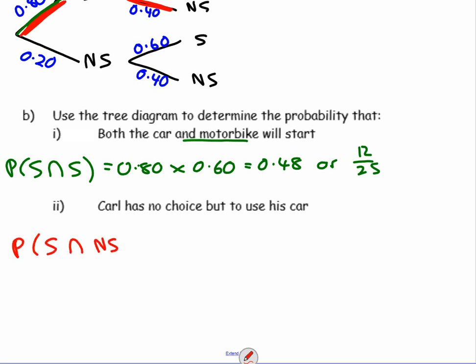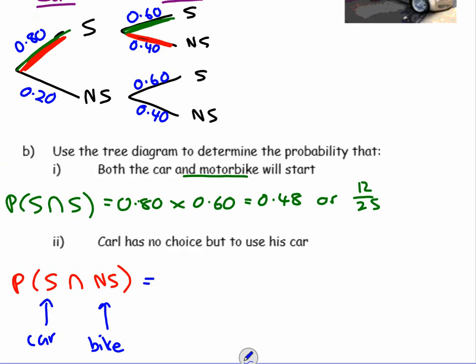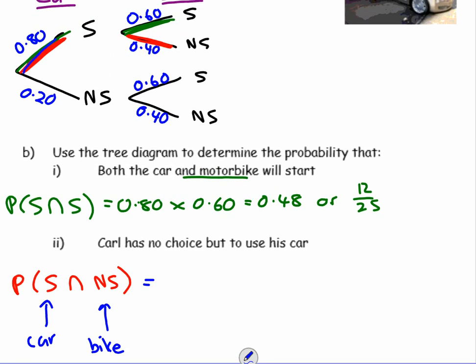You might want to remind yourself, this is the car and this one is the bike. So you're going to multiply those red probabilities together. So 0.80 car starting multiplied by bike not starting, 0.40, will give you 0.32 or 8/25.